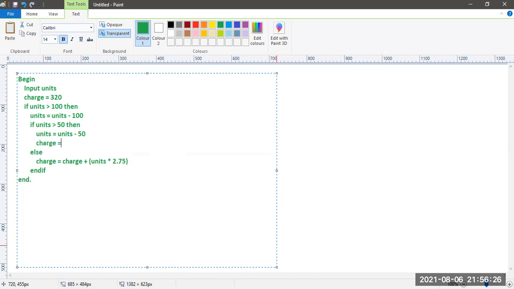Charge equals charge plus 50 into 2.75 plus units into 5.